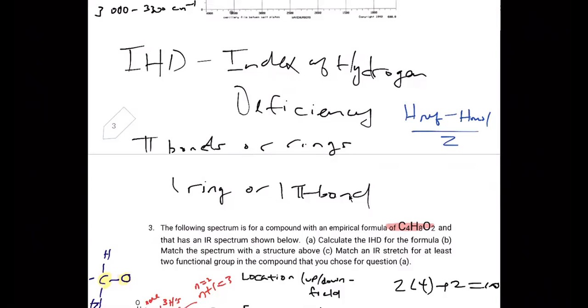HREF is going to be 2N plus 2, where N is the number of carbons. Right, so whatever the number of carbons are in that molecular formula, you just stick it into that formula, 2N plus 2, that'll give you HREF. And then H molecule is whatever's in the formula.